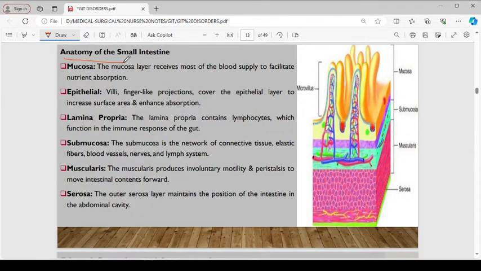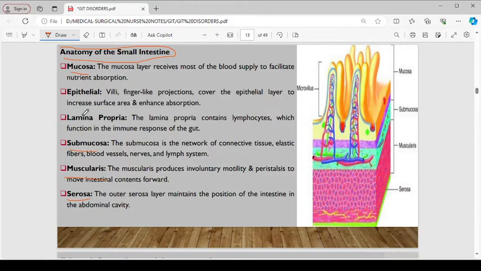Looking at the anatomy of the small intestine compared to other parts of the GIT, it has the mucosa, the submucosa, the muscularis, and the serosa. The mucosa layer will receive most of the blood supply to facilitate nutrient absorption.